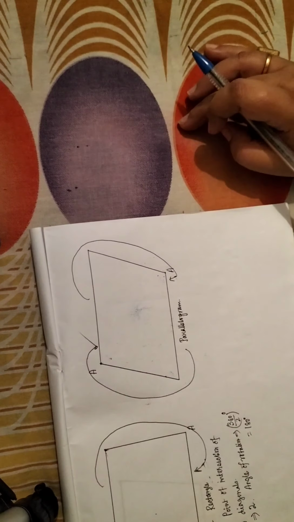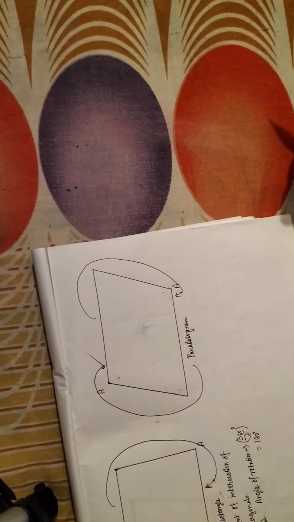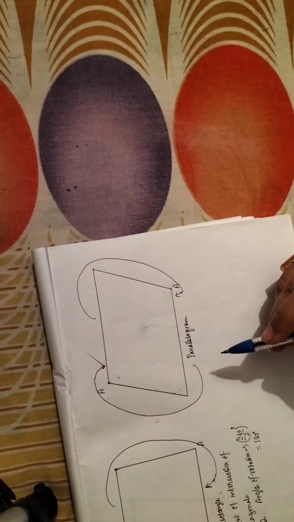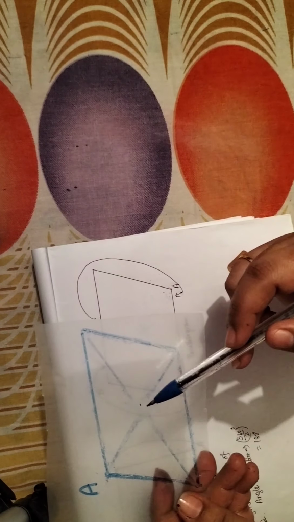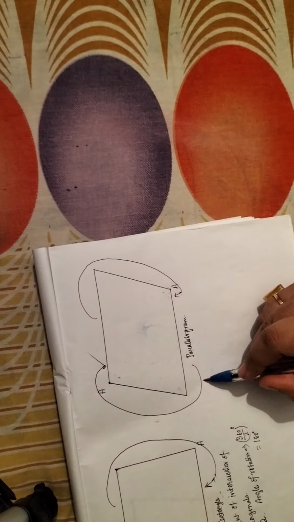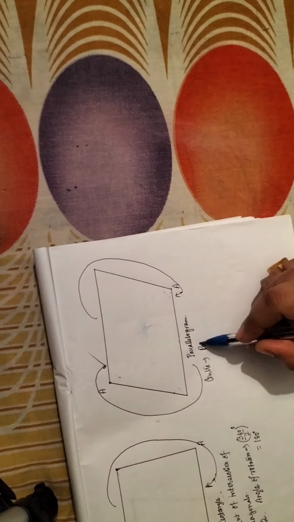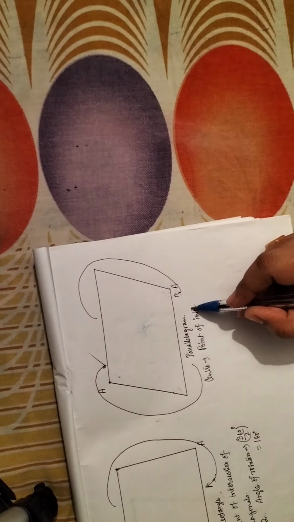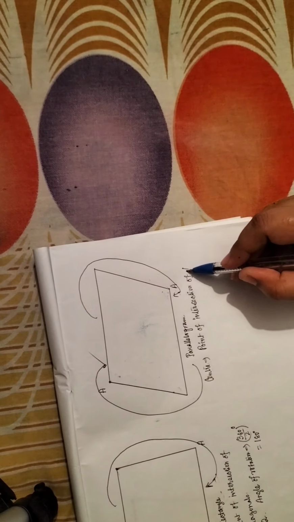So what is the conclusion? Is the parallelogram rotationally symmetric? Think over it. Yes, it is rotationally symmetric. And what about the center of rotation? It is just the intersection point of the diagonals.